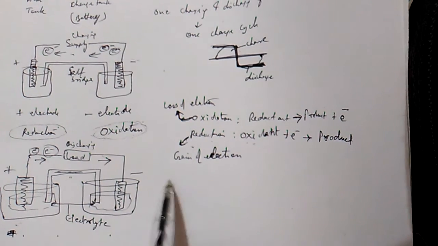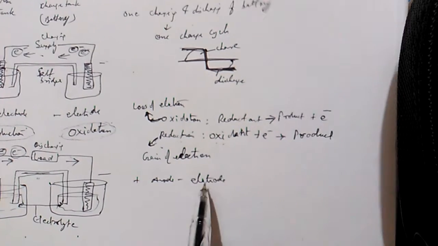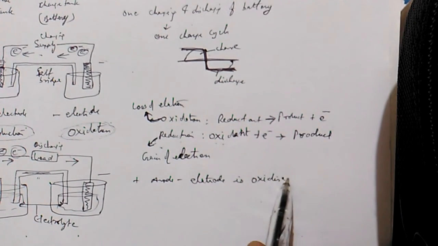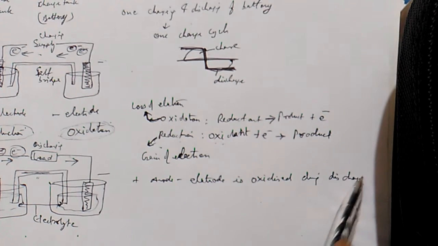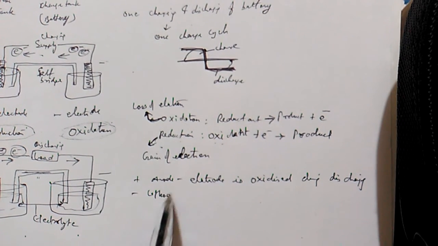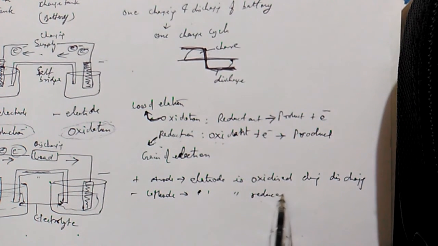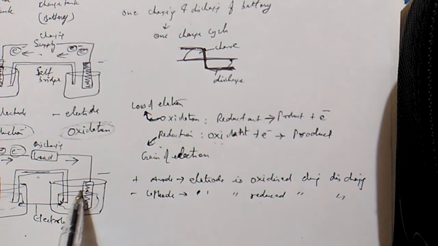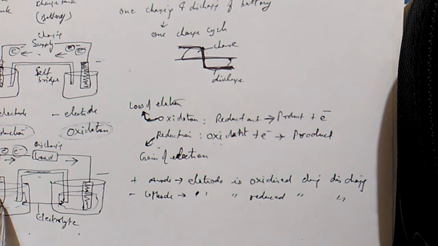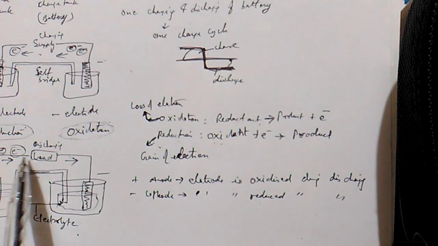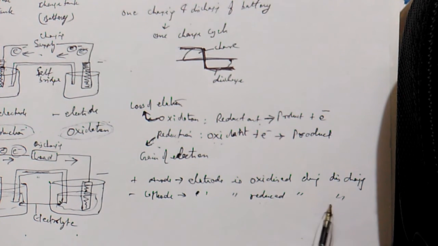So the anode electrode is oxidized during discharging, and the cathode electrode is reduced during discharging.